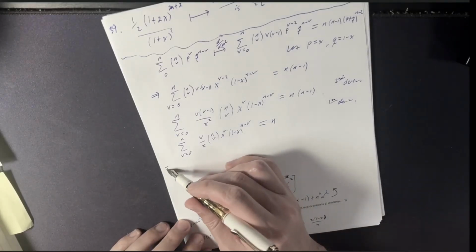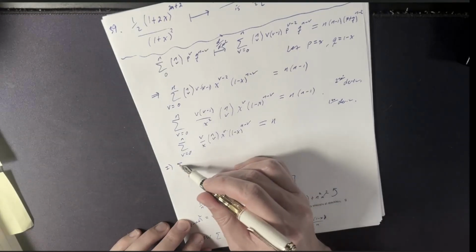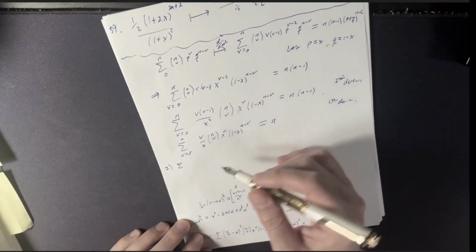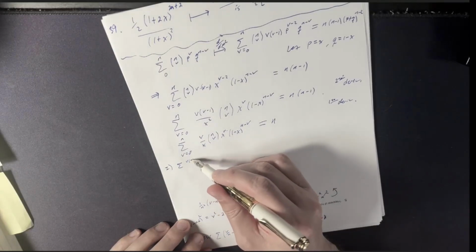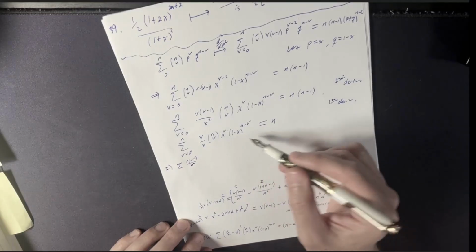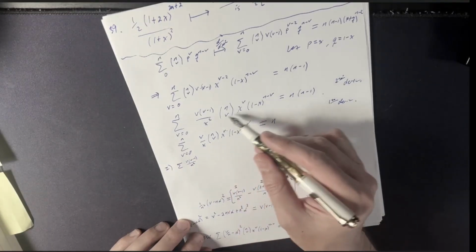So term 1 looks like v minus 1 over n squared times this other stuff. But we have a formula for that.